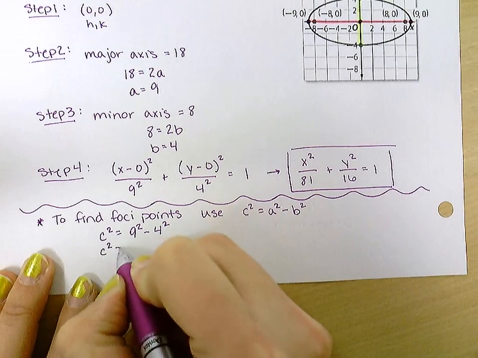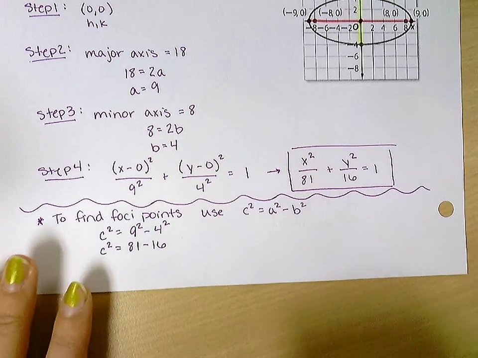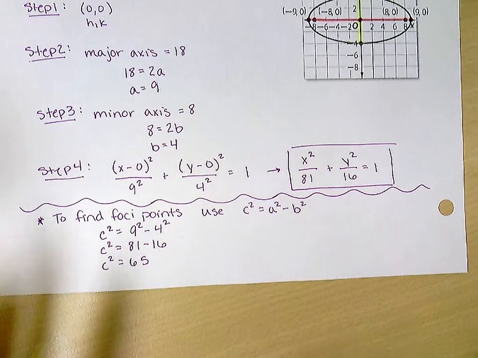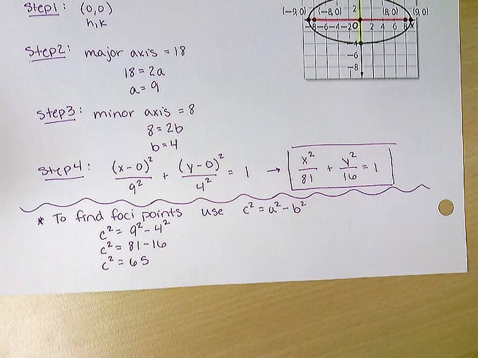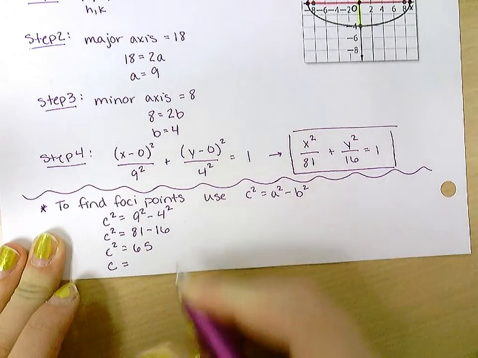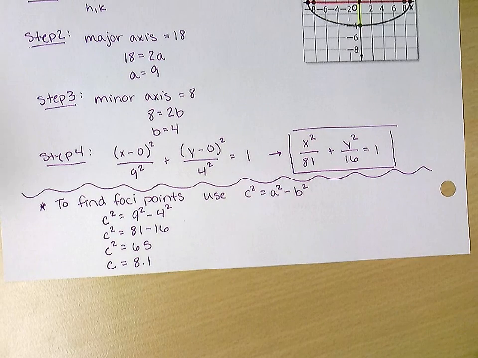So I have c squared is equal to 81 minus 16. So c squared is equal to 65. And then you just take the square root of both sides. So c is about 8.1.